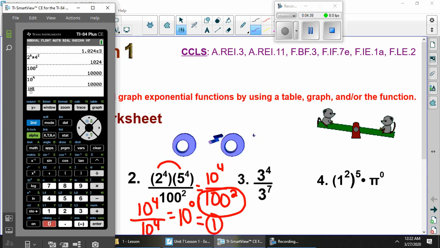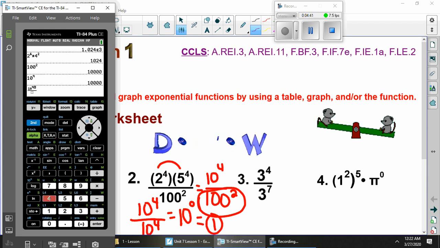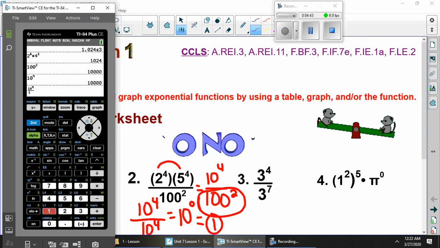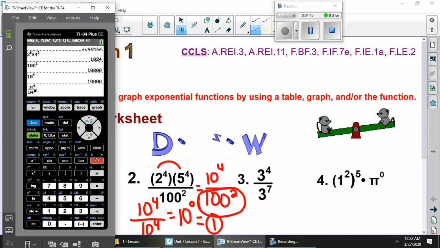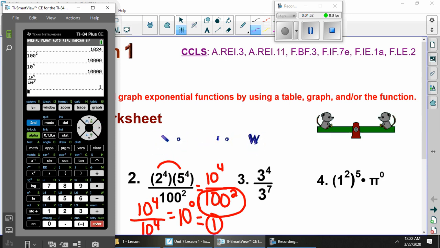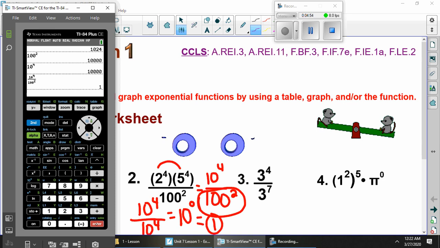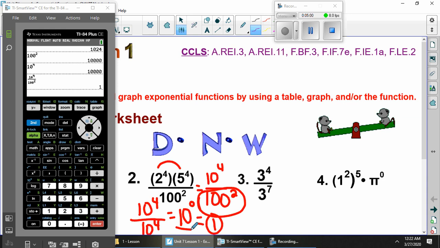If you do 10 to the 4th power over 100 to the 2nd power, which is the same number, it's 10,000 over 10,000, you press enter and it's 1. So that's what the standard form would be, and this is what the exponential form would be.